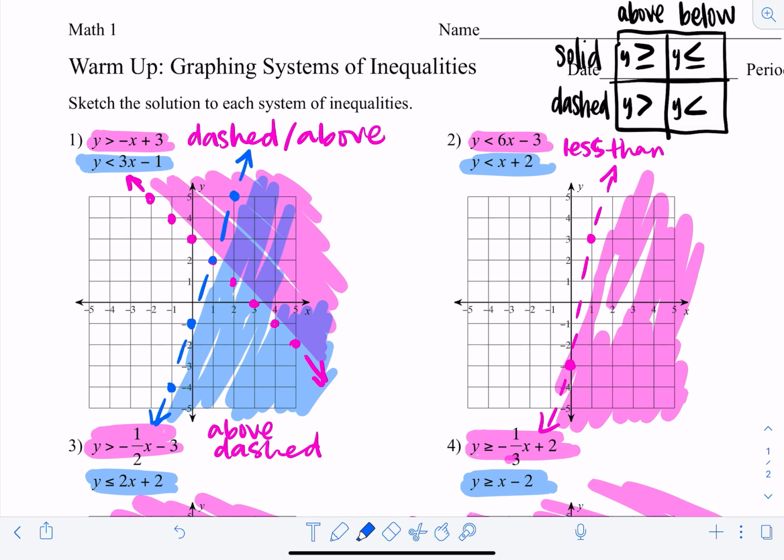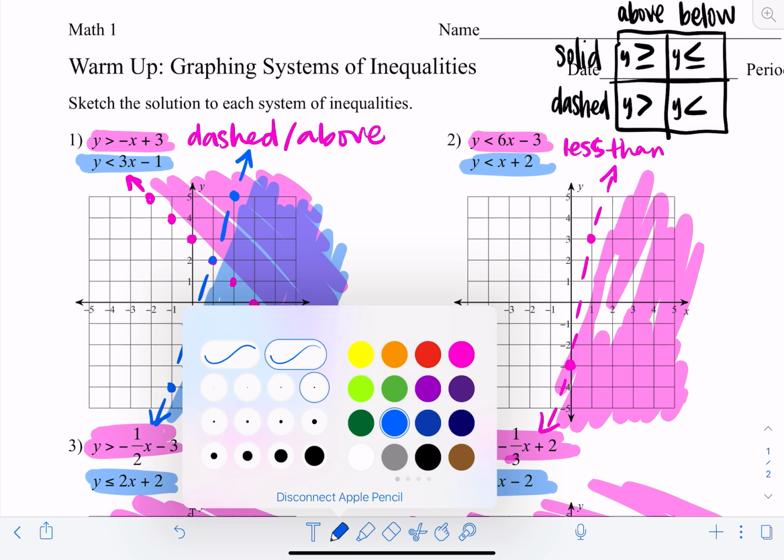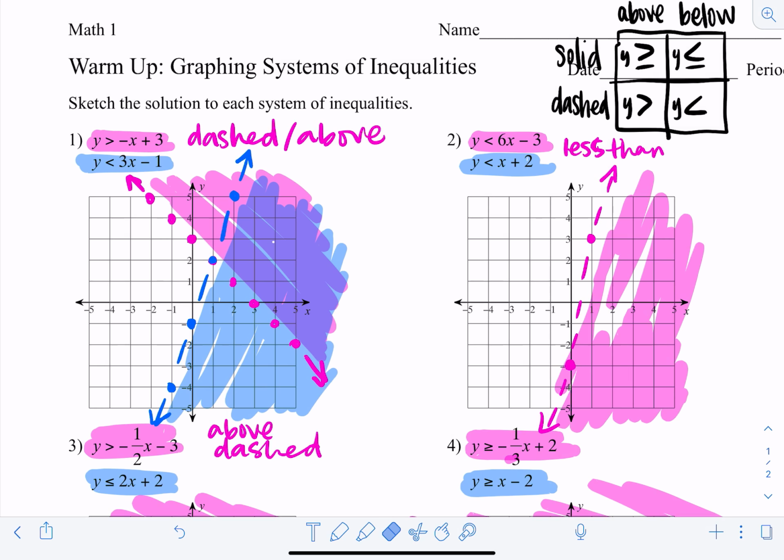Now, when we're doing this on paper, we don't actually have this entire thing. What we really want is just the section that makes them both true. So if we're thinking about solution regions, this region works. This is no, this is no. The solution to the system has got to make them both true.